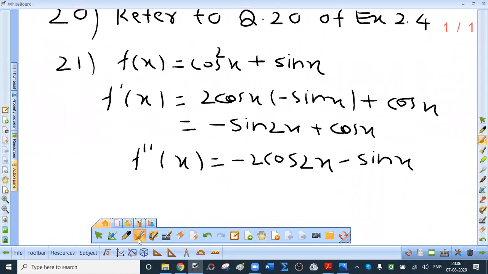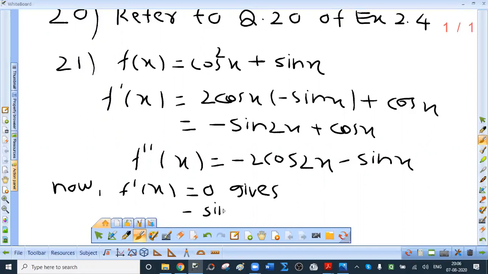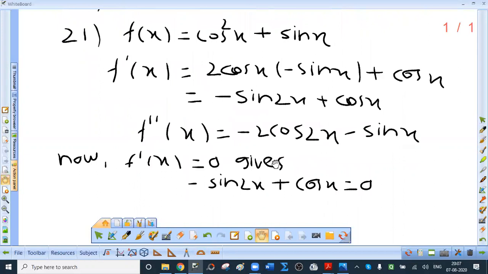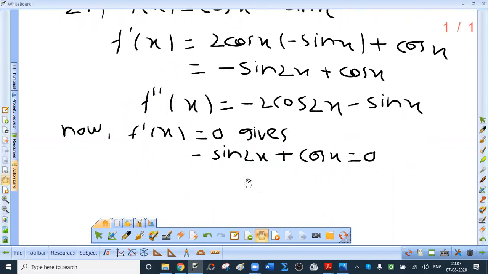Now the next step is f dash of x equal to 0. f dash of x equal to 0 gives, tell me what we get, minus sin 2x plus cos x equal to 0. What next? Tell me.